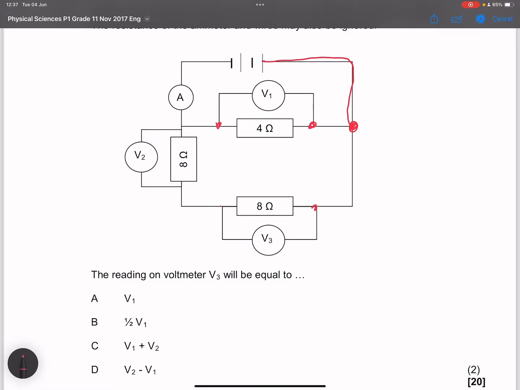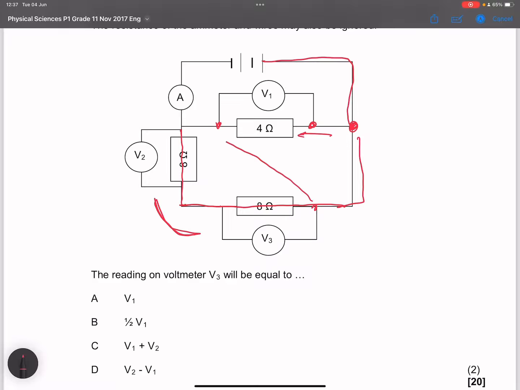The current will divide. So some of the current would go there, and some of the current goes there. Now note that the current that goes through the 8 ohm also goes through the other 8 ohm resistor. So which means these 2 resistors must be in series with each other.